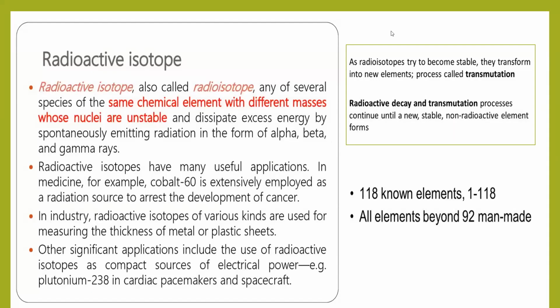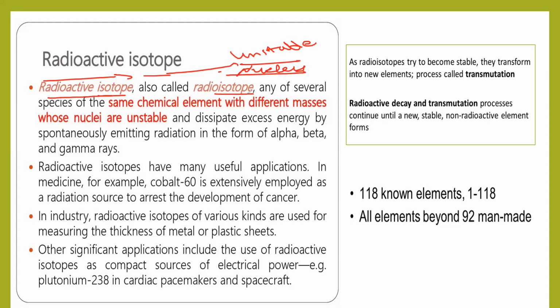Now, radioactive isotopes. What are radioactive isotopes and their applications, that we will discuss. Radioactive isotopes are also known as radioisotopes. Why do we call them radioactive isotopes? Whenever we use the word radioactive, we are talking about an unstable nucleus. So the term radioactive denotes an unstable nucleus.